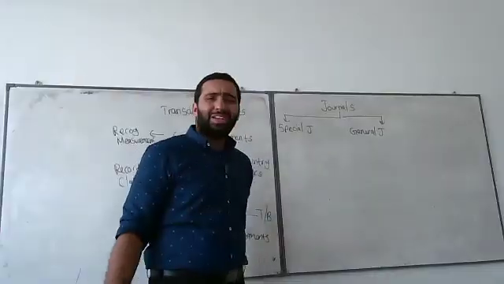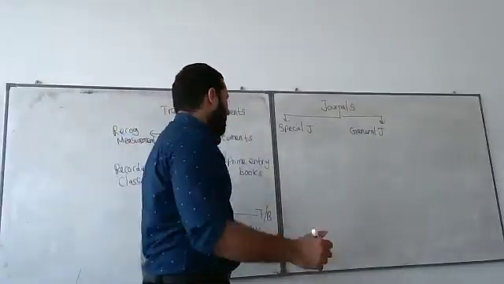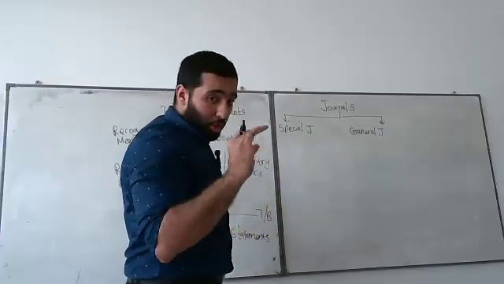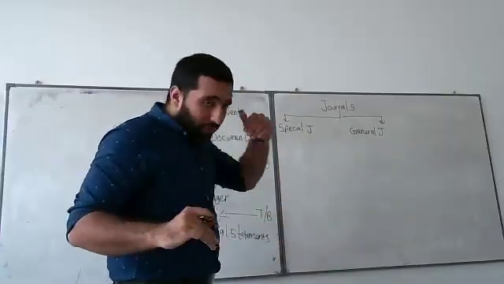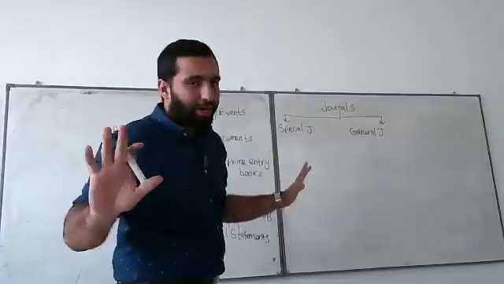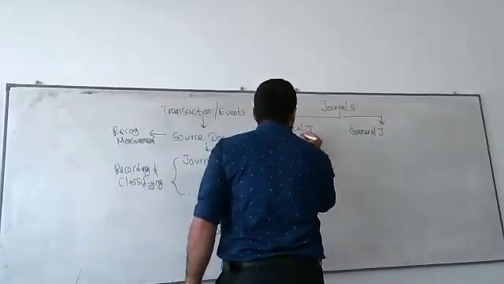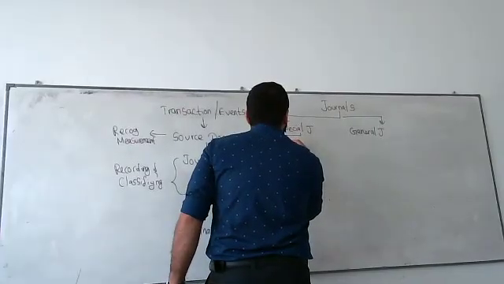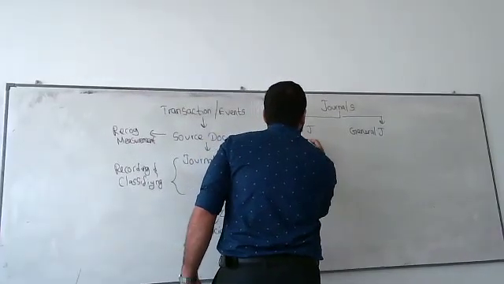Under special journal, there can be many journals. This is very important. Make sure you listen to me; you are not writing anything. After I give my explanation, you can write. Number one, sales journal.